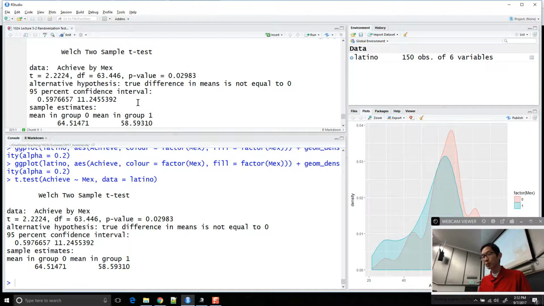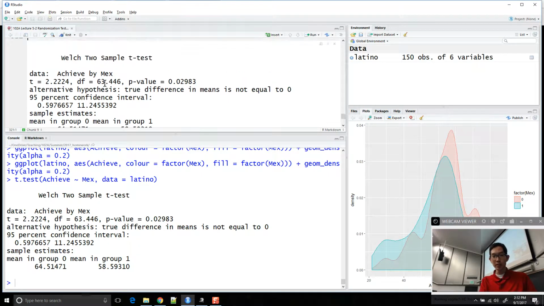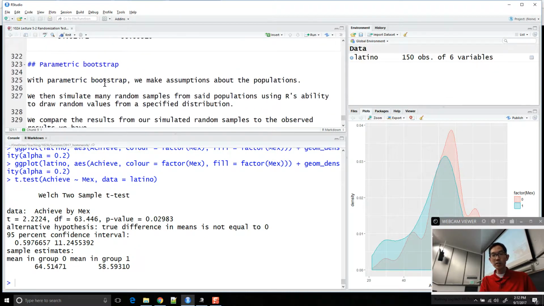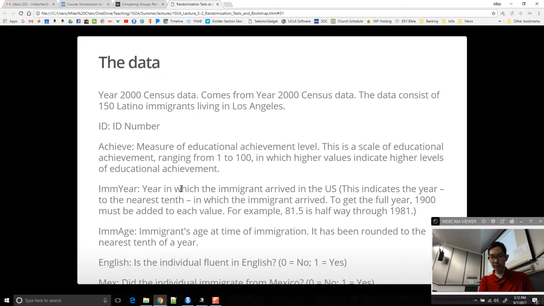We don't know exactly what it is, but from an observational standpoint, the educational achievement of those from Mexico seems a little lower than other immigrants from Latin America from countries other than Mexico, whatever the reason is. This is just what appears to be the case with our t-test.